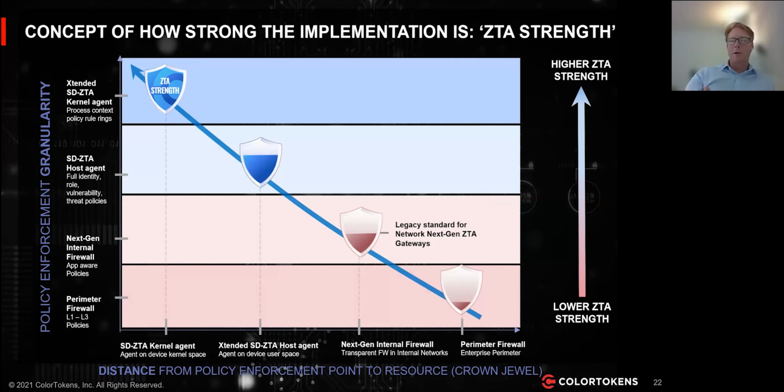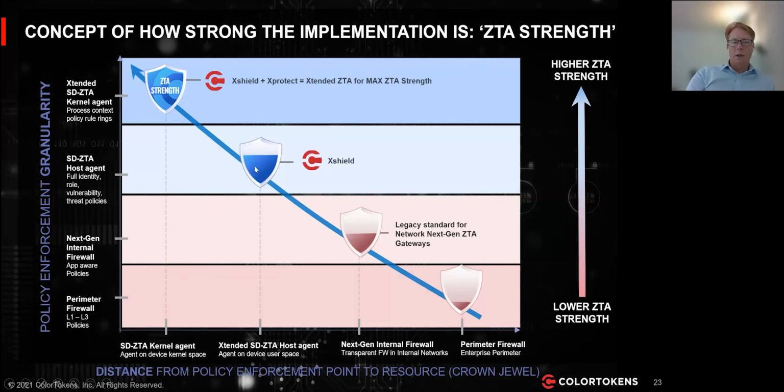And if you rethink this from the ground up and have no legacy of anything you need to take from the past, then what you want to do is to install the PEP on the resource it needs to protect, so that you're shrinking that zero trust zone dramatically, so it does not expand onto the network. It makes it very small. So the distance is really decreased, and hence we move up in strength.